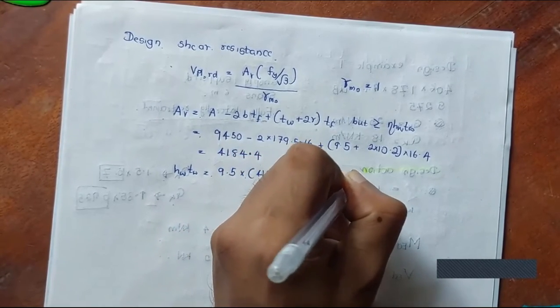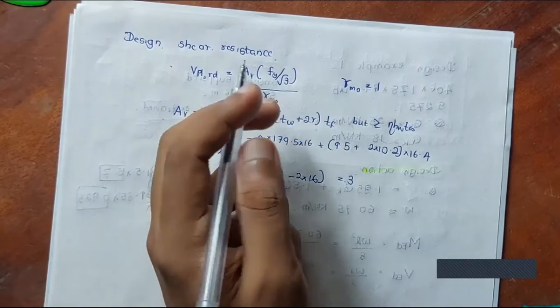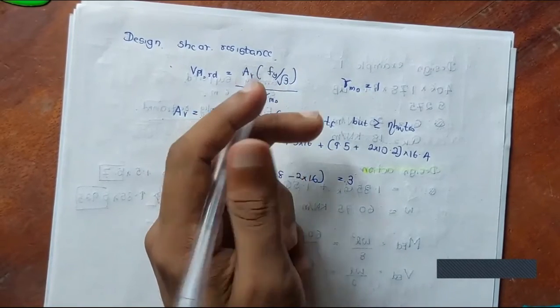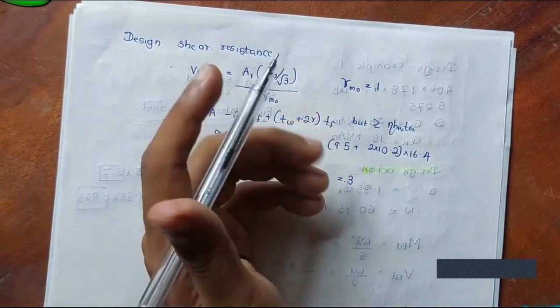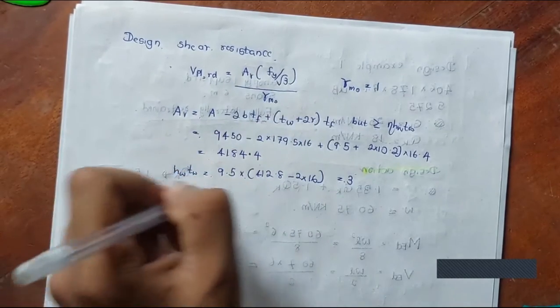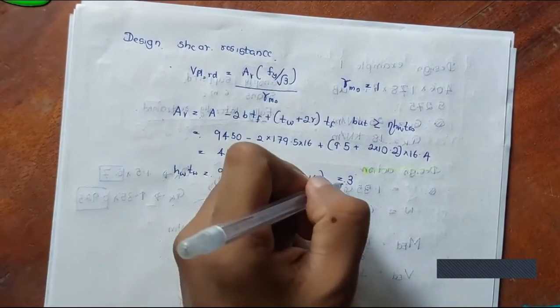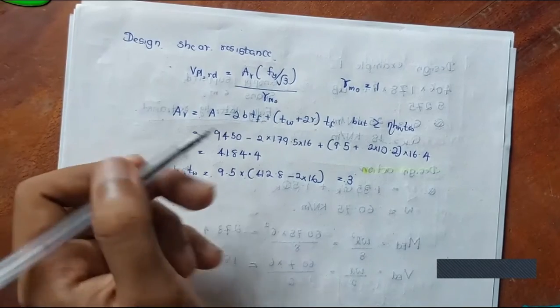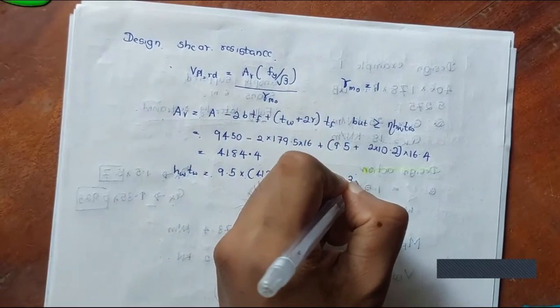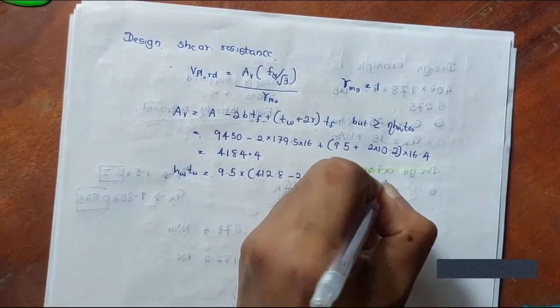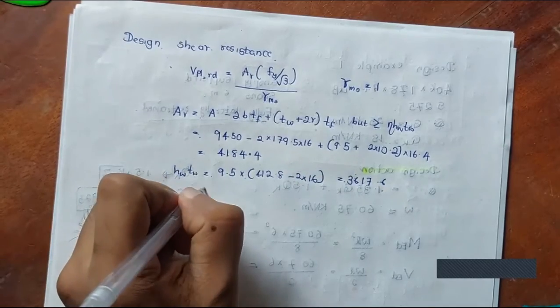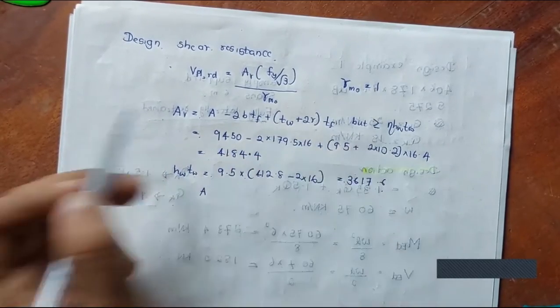So in any case, the value of this eta is going to be smaller than 1, so this will be the maximum value of this one, right? So if it's larger than the maximum, we need not worry, right? Hence Av. If not, this will be your value, right?